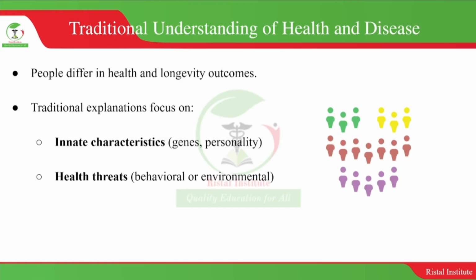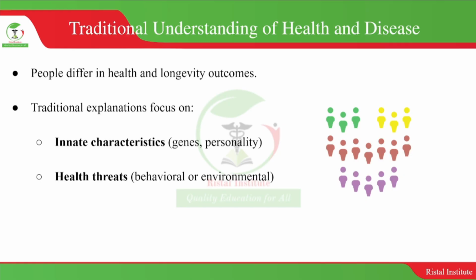Different people will definitely have different health outcomes. And when we talk about health outcomes, we are looking at aspects to do with mortality rates, how many people are dying, and then we are also looking at life expectancy. Okay, people live for how many years?